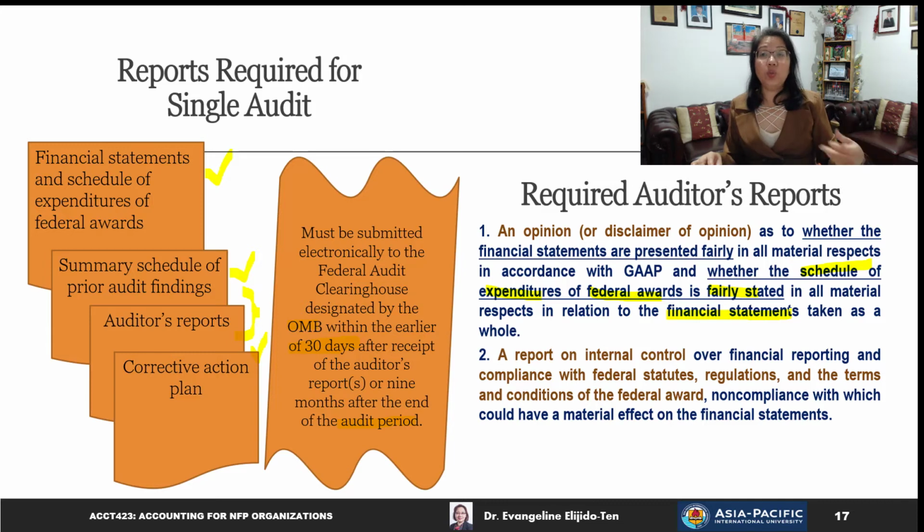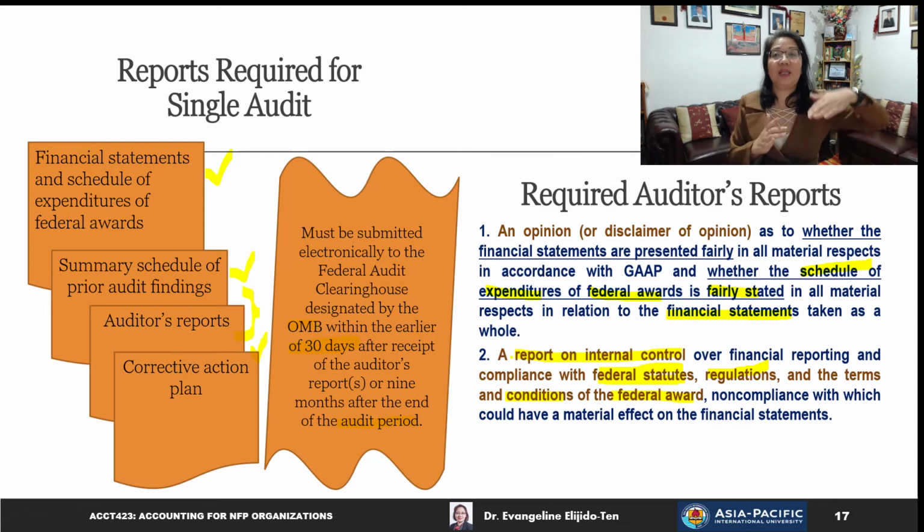An auditor's report will also require a report on internal control over financial reporting and compliance with federal statutes, regulations, and the terms and conditions of the federal grant, non-compliance with which could have a material effect on the financial statements. So notice that the required auditor's report in a single audit requires the report on internal control.